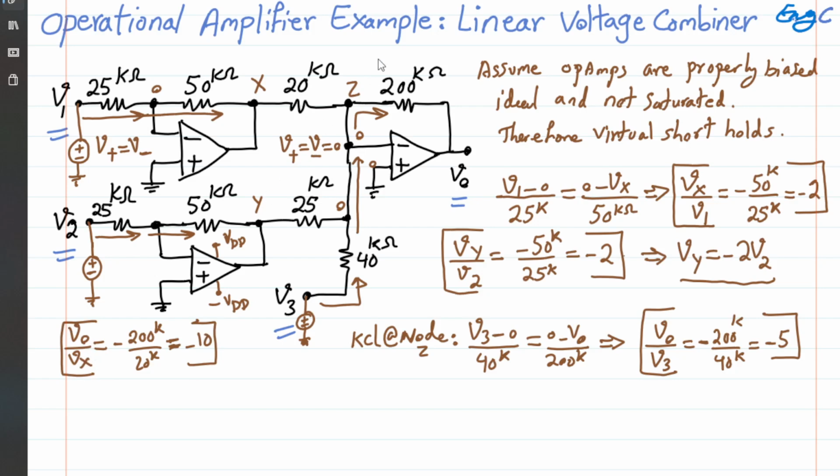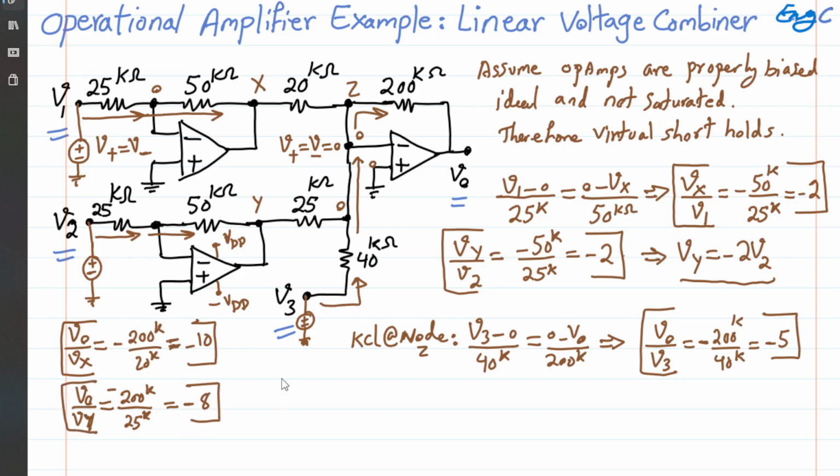And you can say the same thing about V out as a function of Vy. So V out over Vy is equal to the gain from Y to V out, which is negative 200 over 25, which will be negative 8.